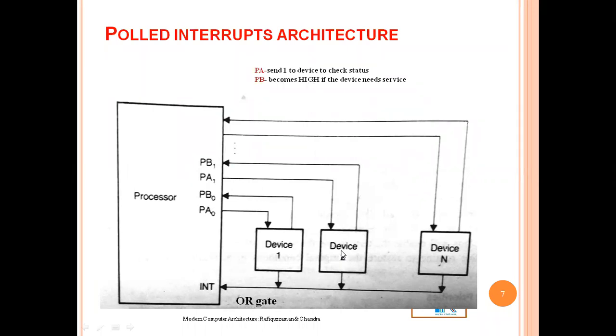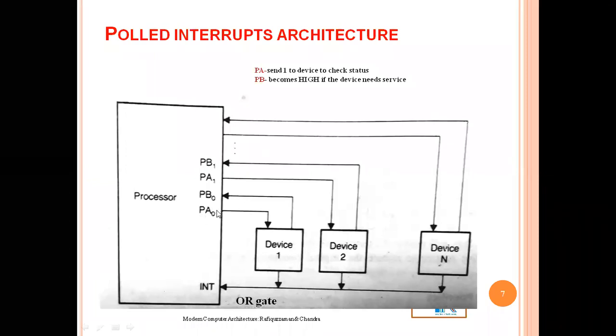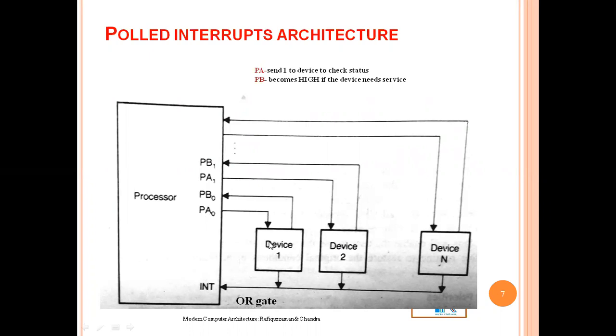Suppose device 2 has not generated the interrupt signal. In this case, suppose the next priority is device 1. So the processor will make PA0 high. It will check if device 1 has generated the signal; it will make PB0 as 1. So the processor will know that device 1 requires the service.